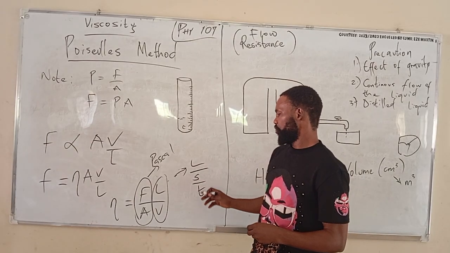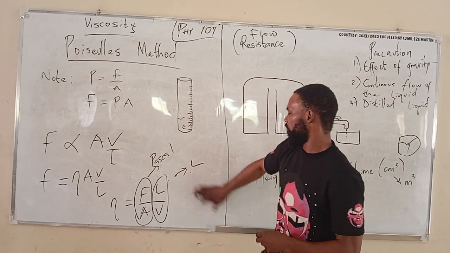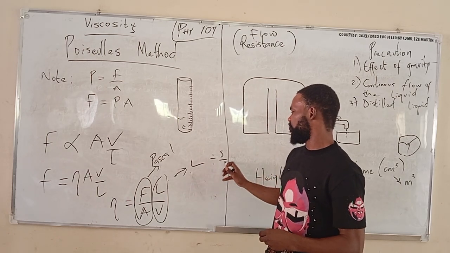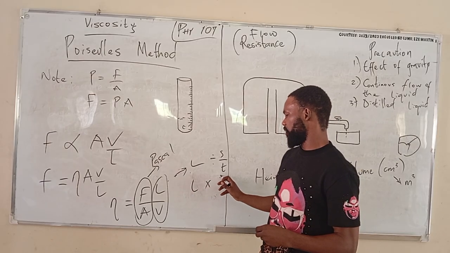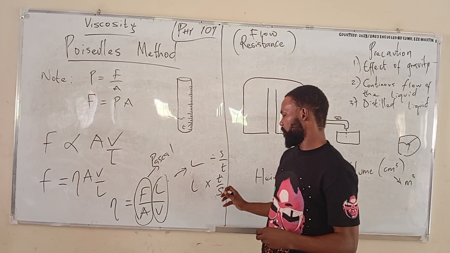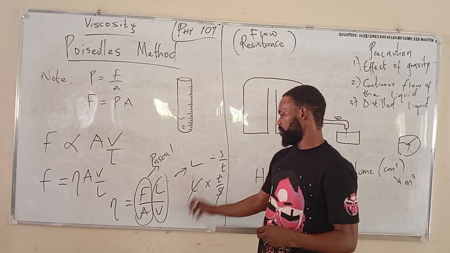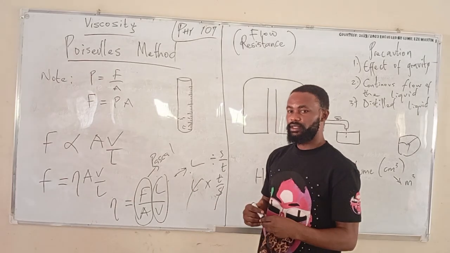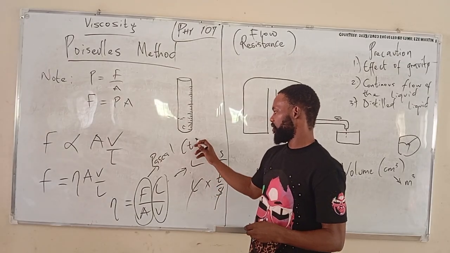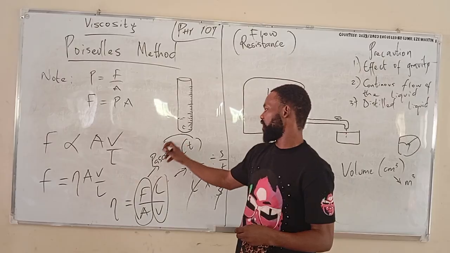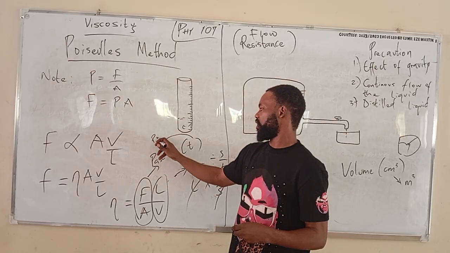Do you agree that this is the same thing as saying L divided by S over T? Which means this is in meter, this is in meter. Which means that I'm now left with Pascal and time. So this is why we sometimes say that the unit of viscosity is Pascal second.